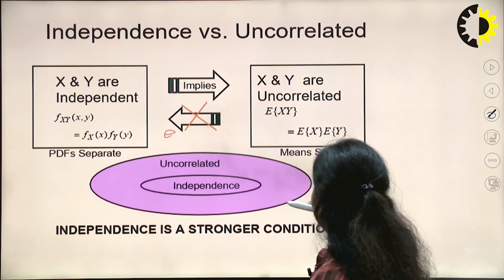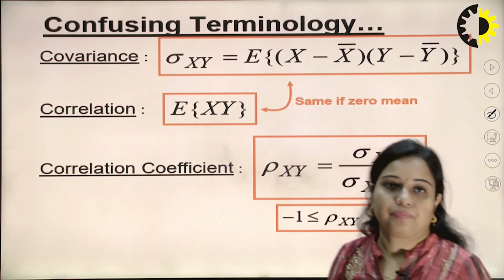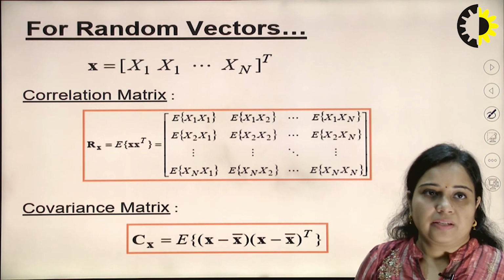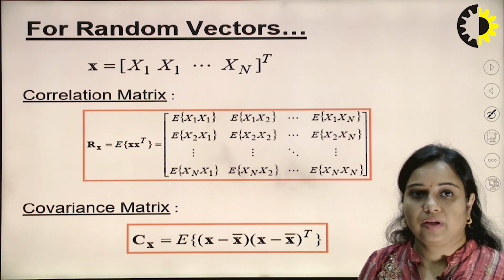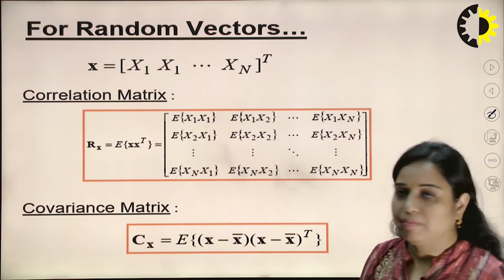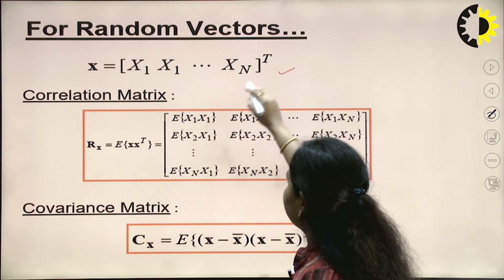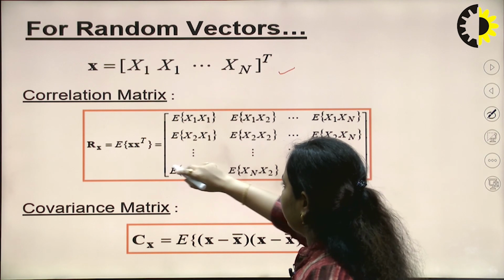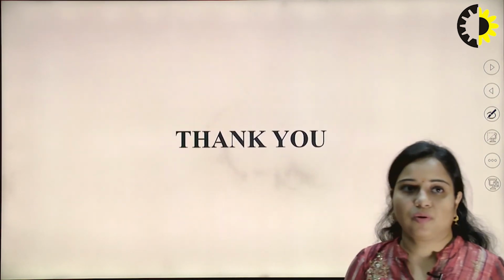When it is uncorrelated, then it will be shown by this particular diagram. Then next come random vectors. When we consider random vectors, not random variables, x is equal to x1 to xn, the transpose of this one. Then we can calculate the correlation matrix and covariance matrix from this particular formula.